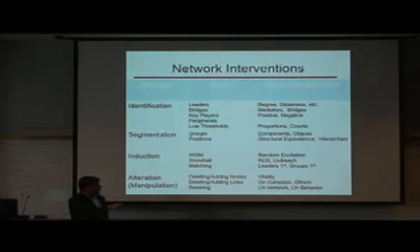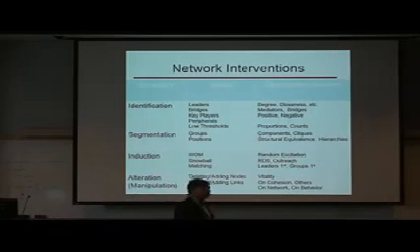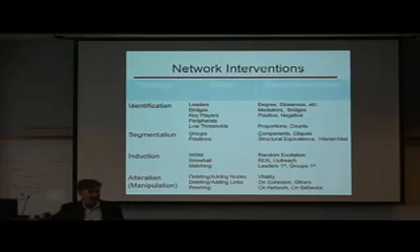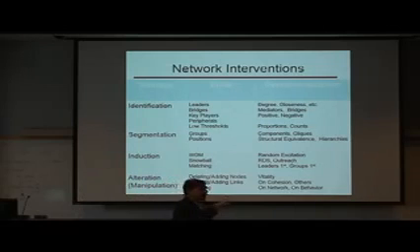Now, from a network perspective, we have dozens of different ways that we can measure what it means to be central in a network. Right? A person is central if they receive a lot of nominations. That's in-degree centrality. A person is central if they can reach everybody via fewer steps than everybody else. That's closeness centrality. A person is central if they lie on the paths connecting other people in the network.